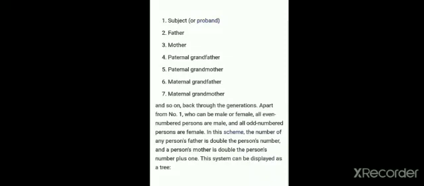Apart from number 1, who can be male or female, all even numbered persons are male and all odd numbered persons are female. In this scheme, the number of any person's father is double the person's number, and the person's mother is double the person's number plus 1.